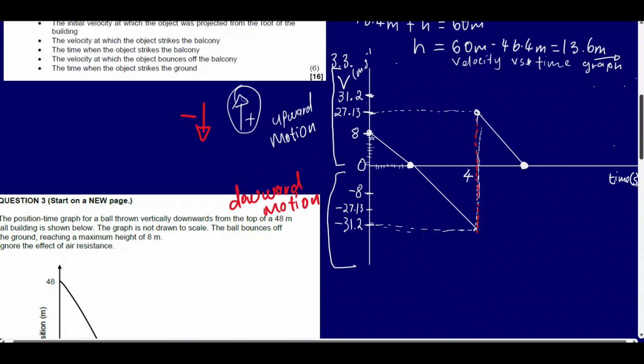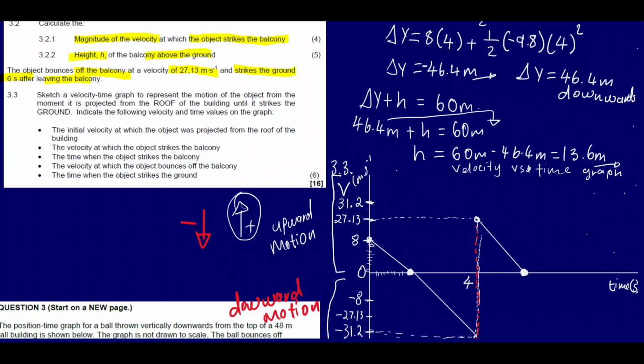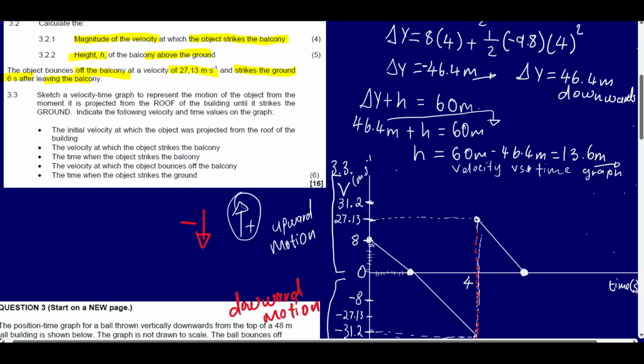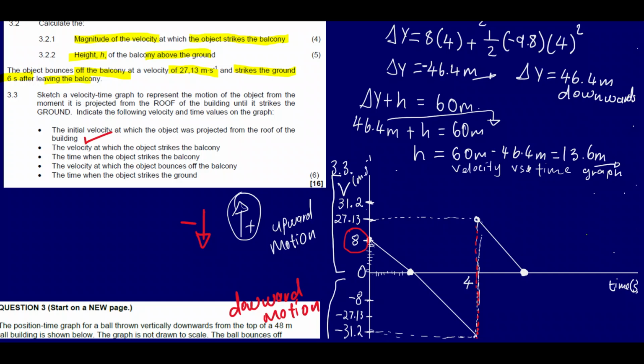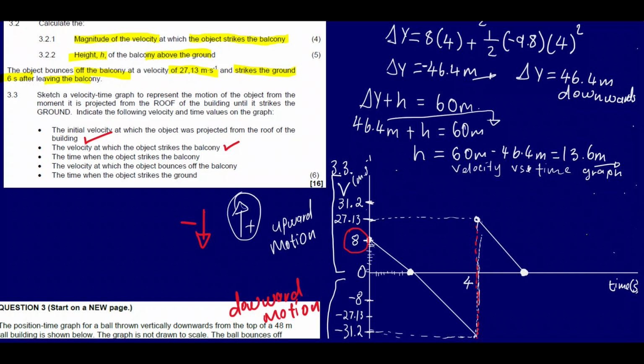So let's check here on the checklist, the instructions for the things that we have to include on our velocity time graph, right? They said they want to see the initial velocity, right? I think we've indicated that the initial velocity is this, right? The velocity at which the object strikes the balcony, we've seen that it's negative 31.2.